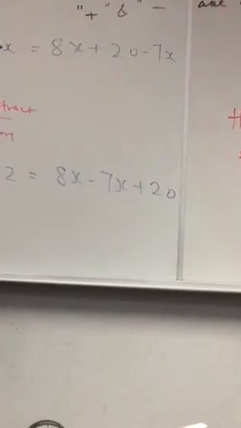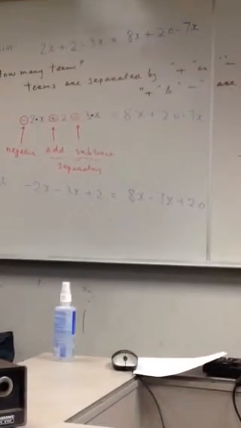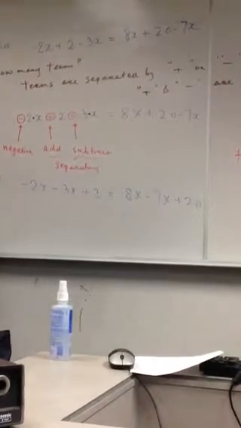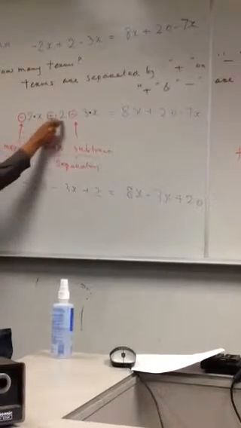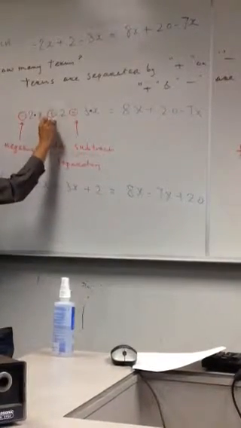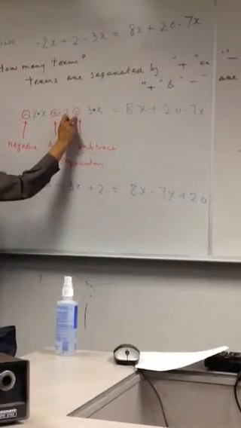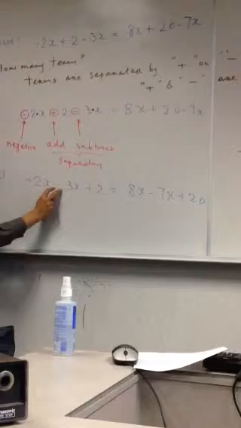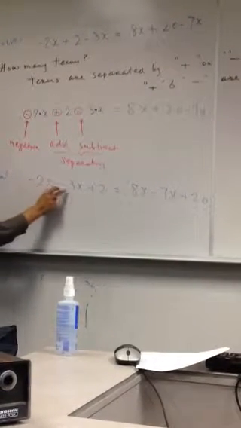So what I did is that I'm not changing anything. I'm just putting the like terms closer to each other so that we can see them easier. You can see that the plus 2 is still associated with the plus and it's put at the back. And the minus sign is still associated with the 3x and it's put in the middle. So now we have negative 2x minus 3x.